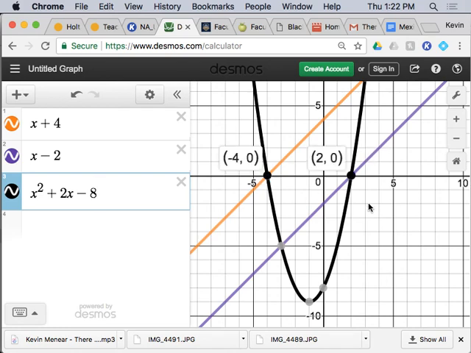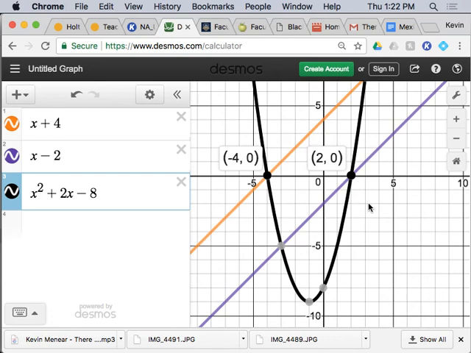Look at the zeros. The zeros of that function and the zeros of its factors are what? They're the same. This is the big idea of the lesson for today. The big idea is the zeros of a quadratic function and the zeros of its linear factors are the same. Does that make sense?